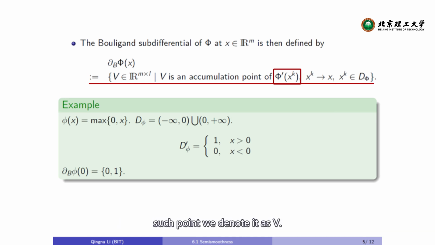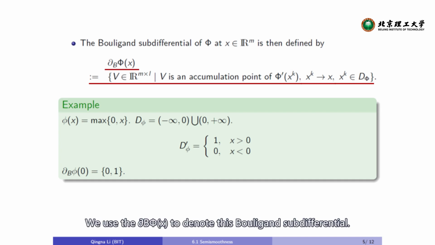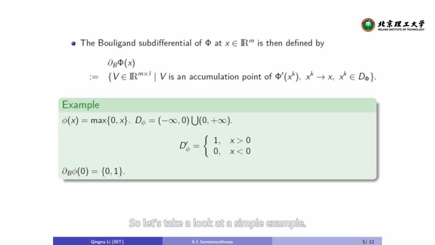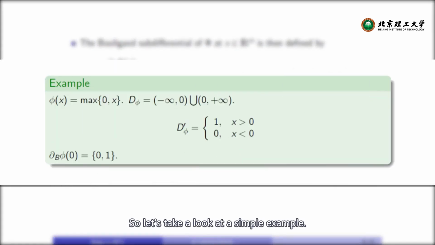Such a point we denote as V. So all the collection of these points V we define as the Bouligand subdifferential of phi. We use partial_B phi at x to denote this Bouligand subdifferential. So let's take a look at a simple example.